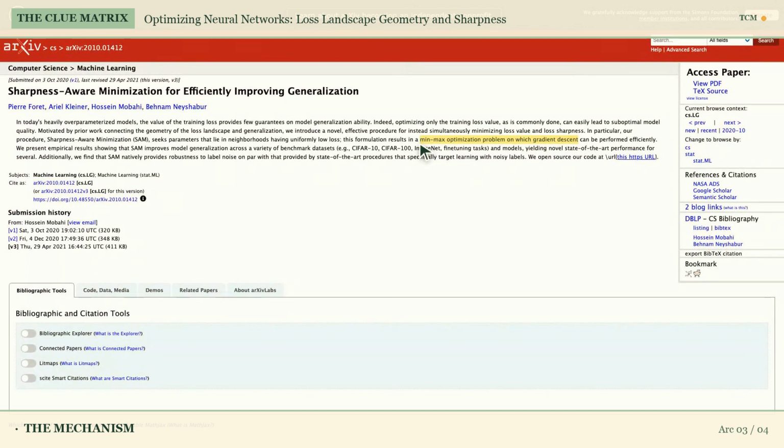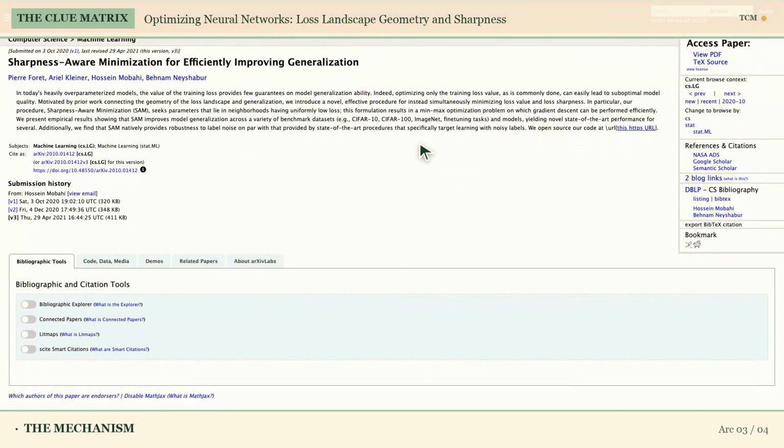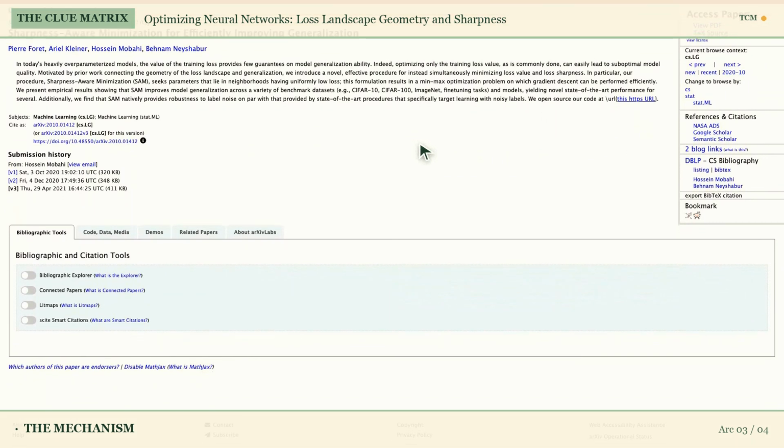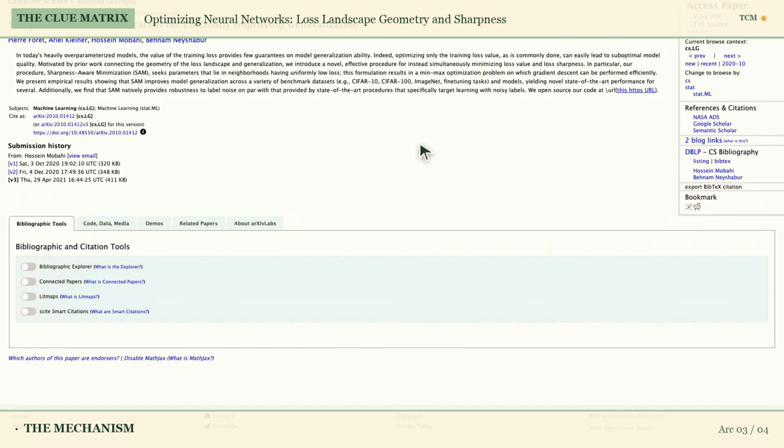It minimizes the worst-case loss in a small vicinity. For each step, SAM first computes a small perturbation of the parameters that maximally increases the loss within a tiny radius. Then it takes a standard gradient step to minimize that perturbed loss.